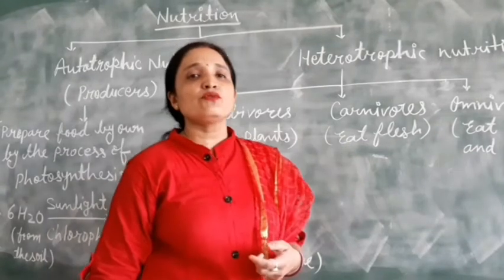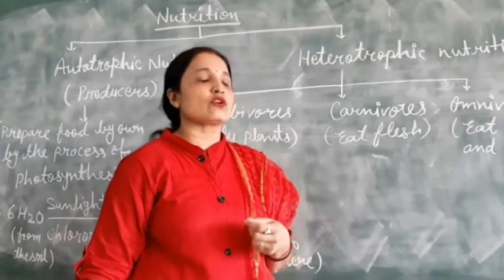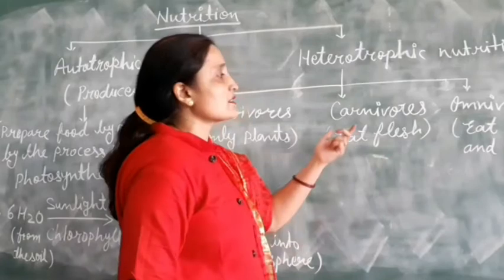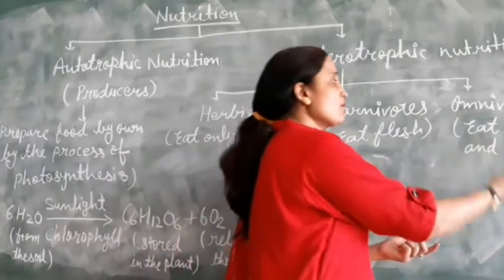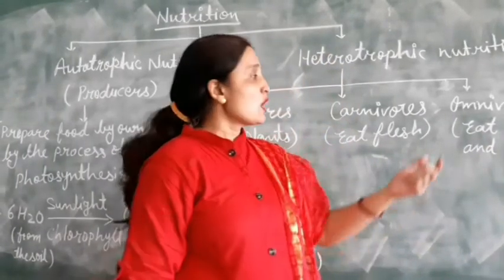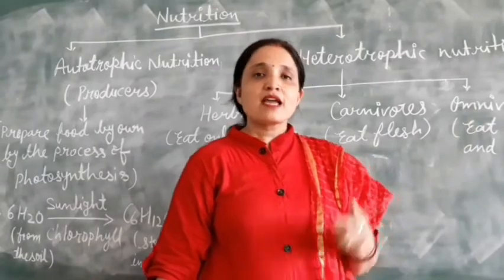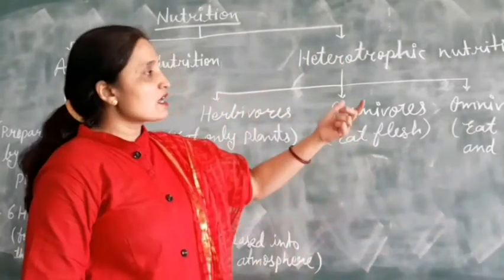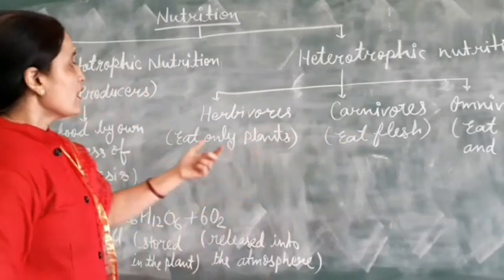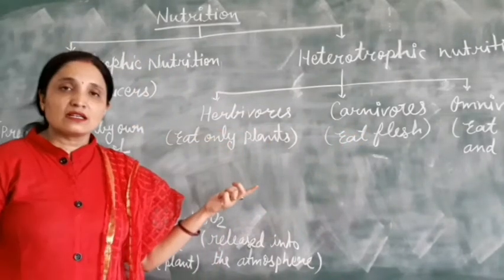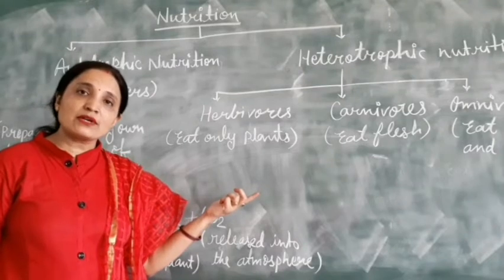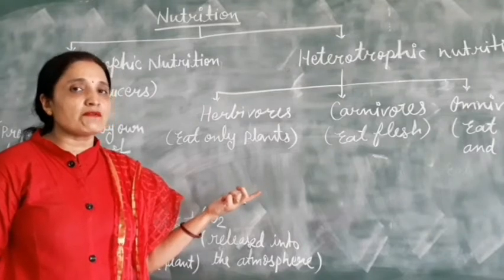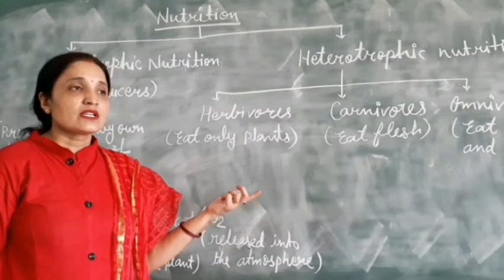Carnivores means those which eat only the flesh of other animals. And omnivores means those which eat plants and plant products and the flesh of other animals also. For herbivores, examples are cow, buffalo, rabbit, horse.